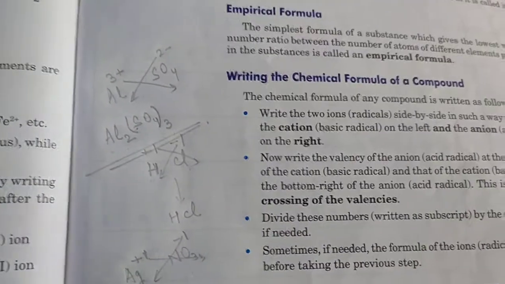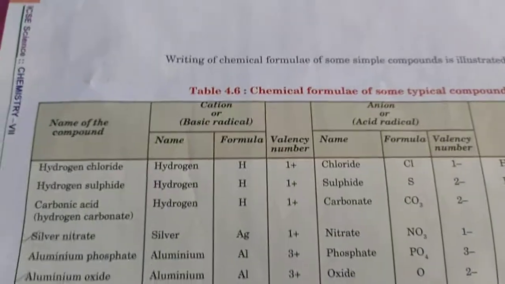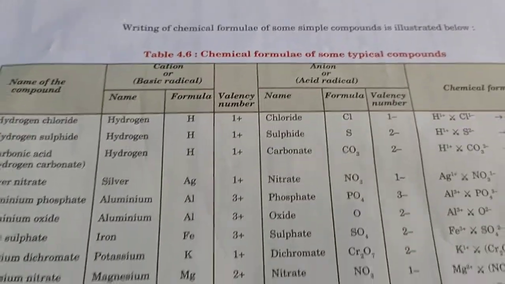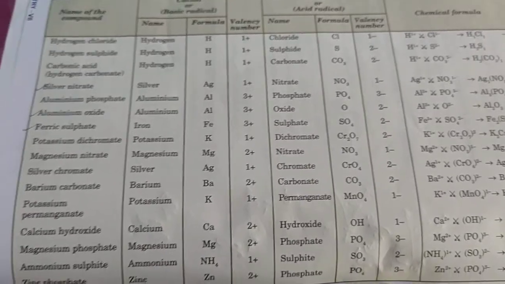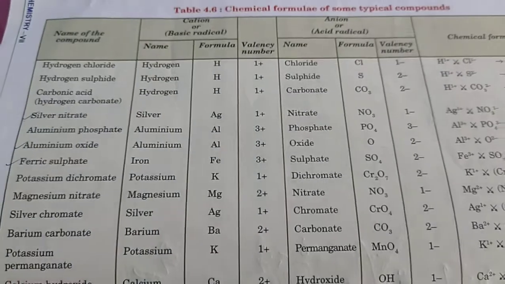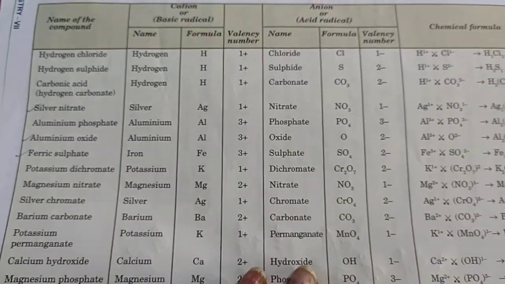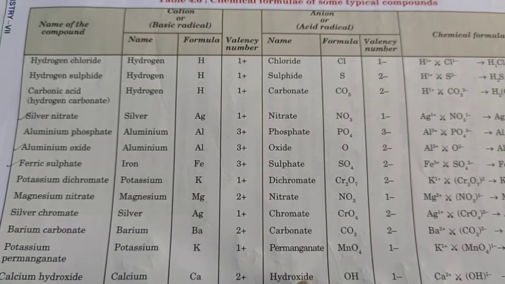All you have to do is to remember the cations and anions, that is basic radical, and anion, acid radical. You have to remember this chart. So learn the table so that you can write the formula of the molecules. Like if you can see here, the formula of magnesium nitrate, you have to remember the formula of magnesium.